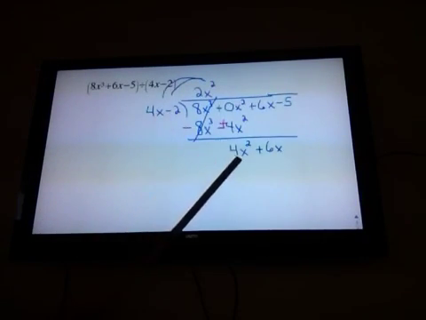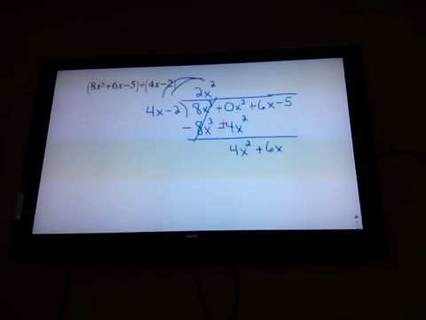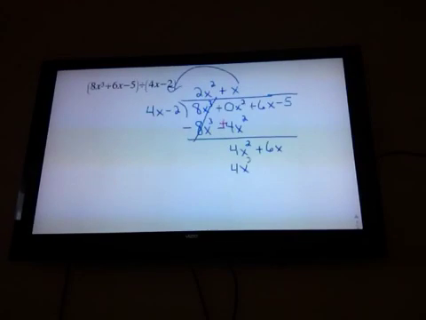4x divided into 4x squared. Or what do I multiply 4x by to get 4x squared? Positive x. Very good. And I multiply x through. X times 4x, 4x squared. X times minus 2, minus 2x.